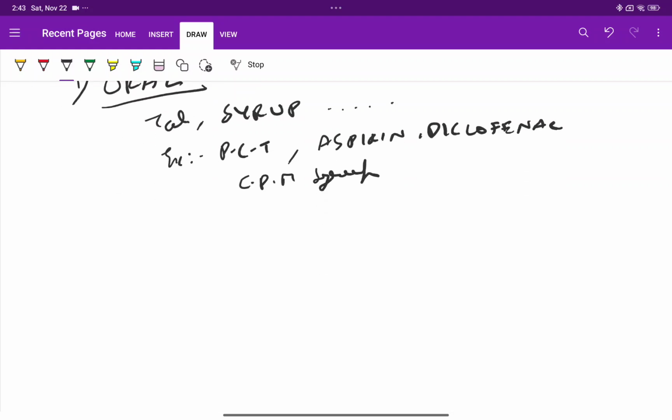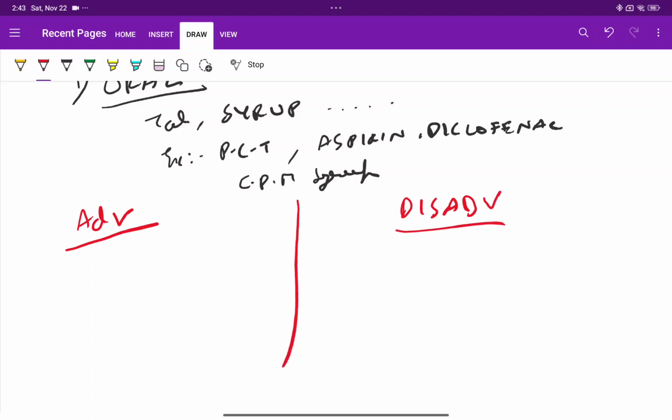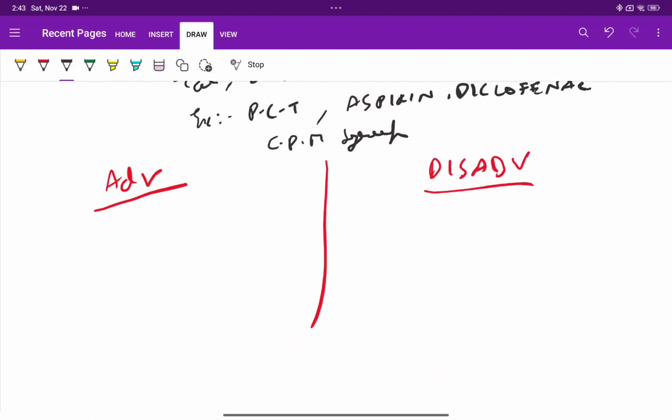Now in this session we also deal with a very important topic, the advantages and disadvantages of each route of drug administration. First, talking about the advantages. See, it is a cheaper route.